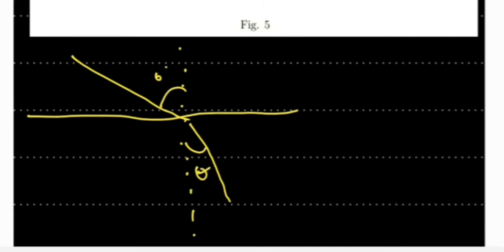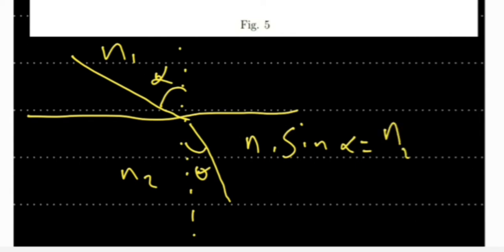Let's say here it is n1 and here it is n2. So n1 multiplied by sine of alpha is equal to n2 multiplied by sine of theta.